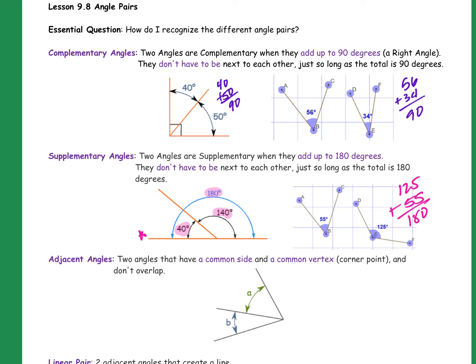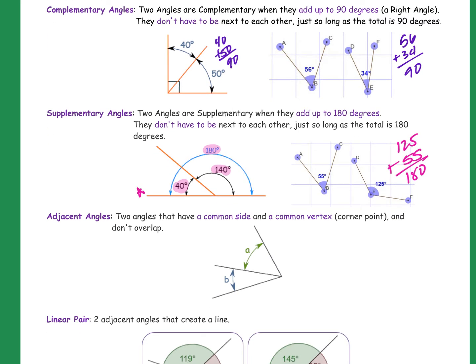The next thing we're going to talk about is adjacent angles. They're two angles that have a common side. So as you can see, they share this side right here. They share a side and have a common vertex. So the vertex is the common point right here. And they don't overlap. I don't know why they put that part in there, but they just share a common side.